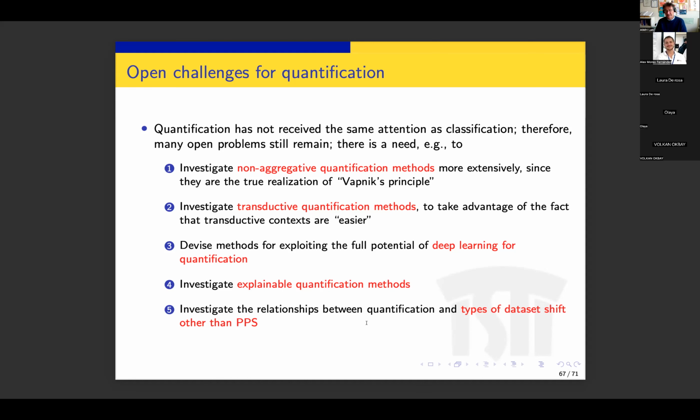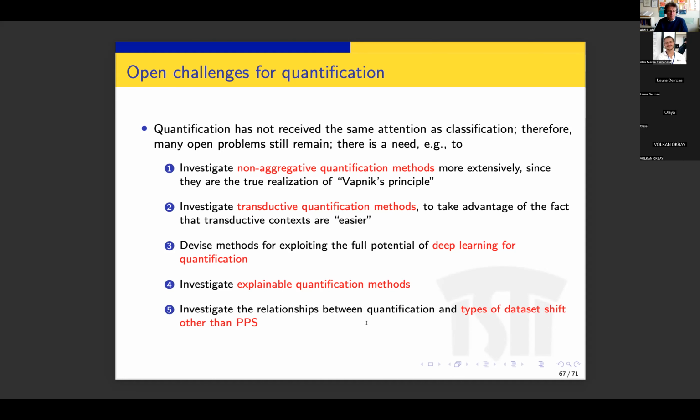So far no paper has ever been published on explainable quantification methods, but it's quite clear that having methods that can explain why they issued that prediction, that class prevalence value, might be valuable.